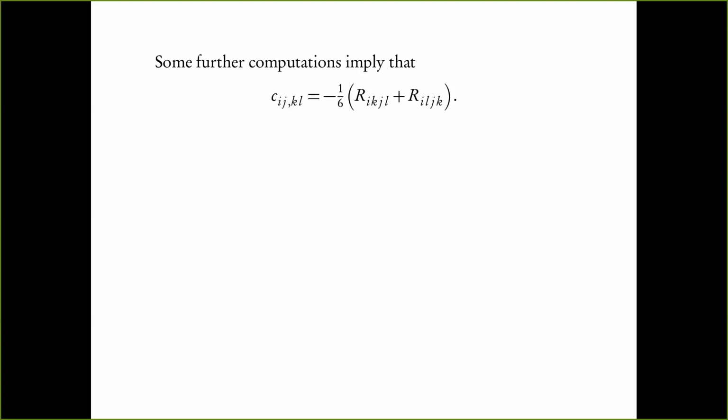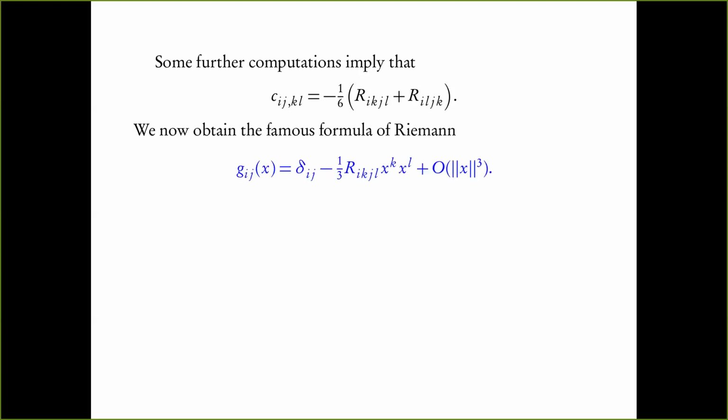So as tempting as it was to call Cijkl as Rijkl, you see now that Cijkl is not Rijkl, at least not the modern Rijkl, it's something else. Okay, so if I plug this back in, I get this famous formula of Riemann, which says Gij at a point x, if I Taylor expand, I'm going to get delta ij.